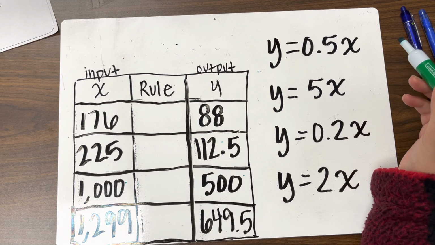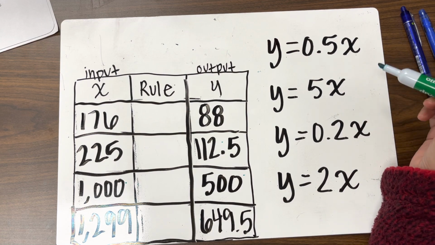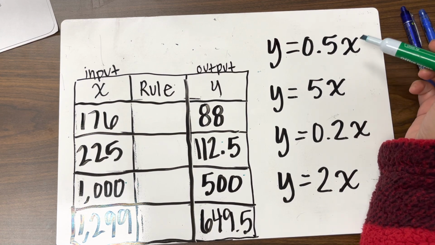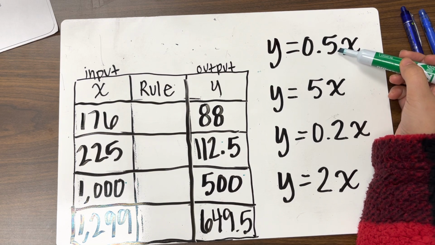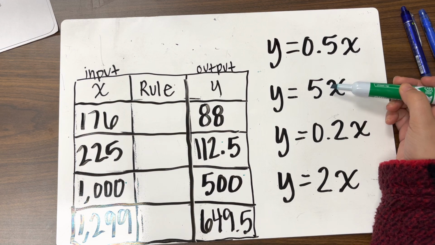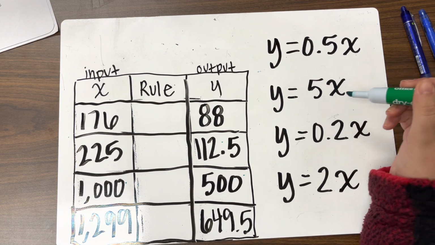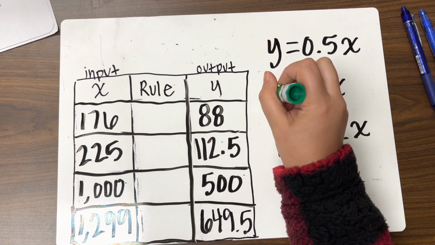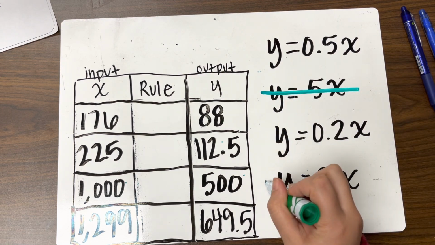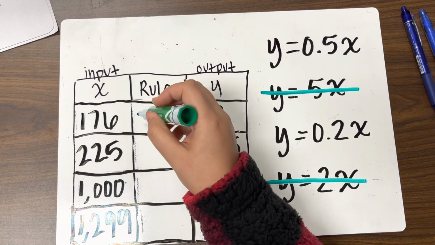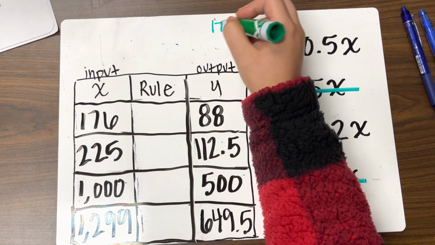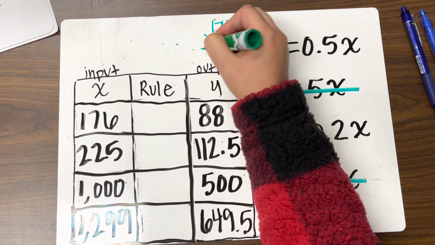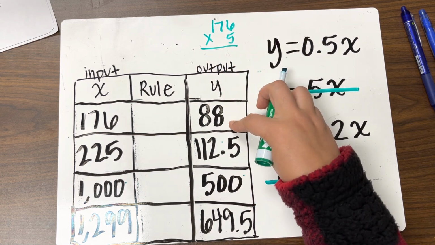So there's a catch, okay? When we multiply by a decimal, does the number get bigger? No. But when I multiply by a whole number, does the number get bigger? Yes, okay? So we can automatically eliminate our whole numbers because we know that if I multiply 176 times 5, I will not get a smaller number of 88.